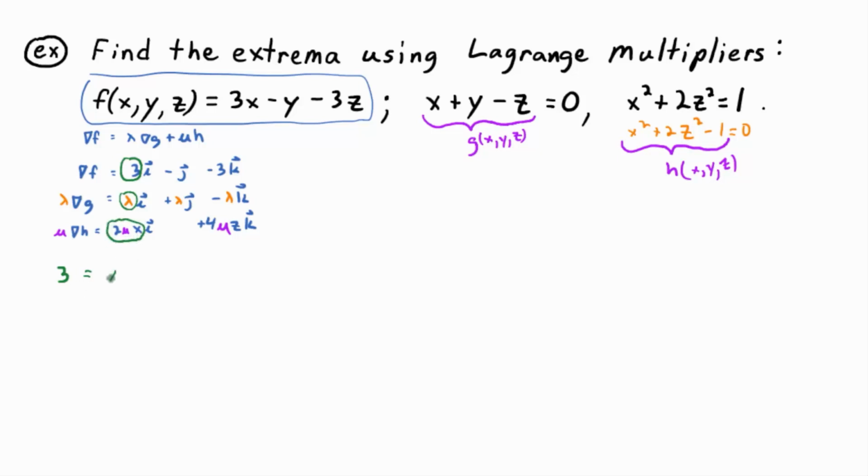So 3 equals lambda plus 2 mu. Does that make sense? That's what you would get for the i component if you added lambda del g with mu del h. And so you set that equal to the i component of del f, which is just 3, because to add vectors, we add corresponding components.